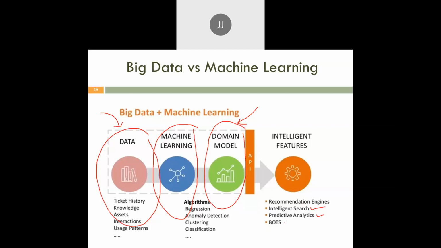We have bots, which answer the questions we post, based on the similarity of the question posted by the user and the questions in the question bank. And we also have the recommendation engine. This is more in the commercial sector, in which we recommend products or items based on purchase history.